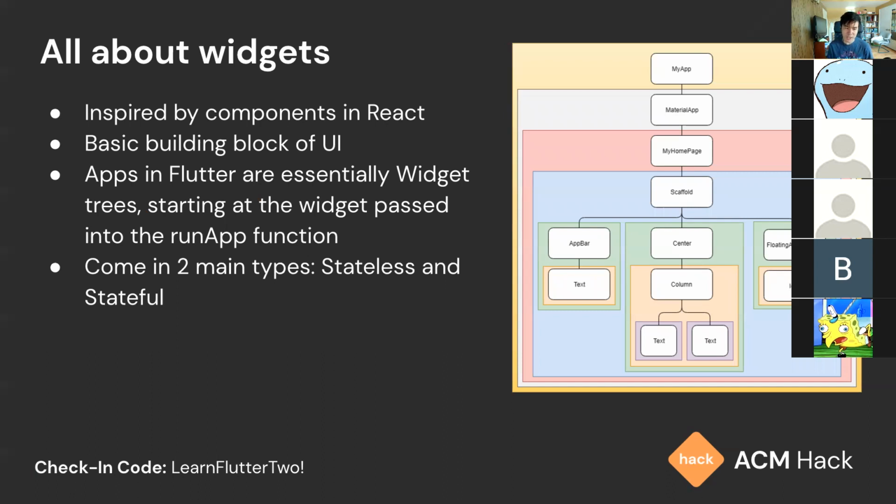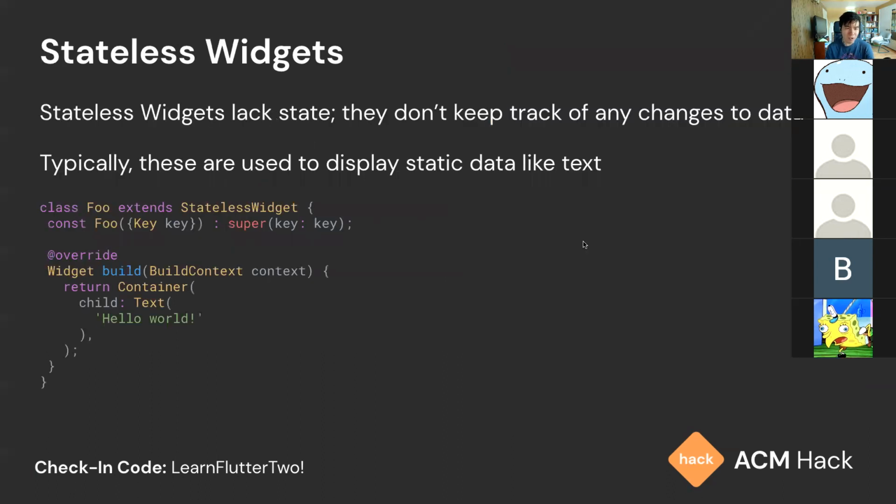They come in two different types, stateless and stateful widgets. Stateless widgets lack state. They don't track any changes to data, and they're used to display static data typically. This would be analogous to dumb components in React, if you're familiar with that style of programming.